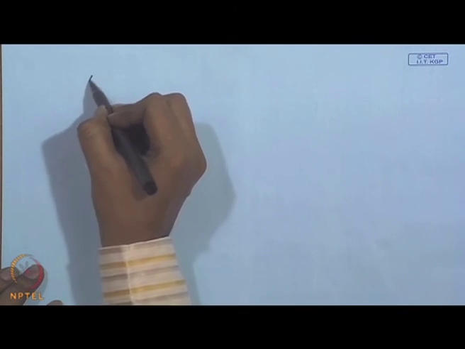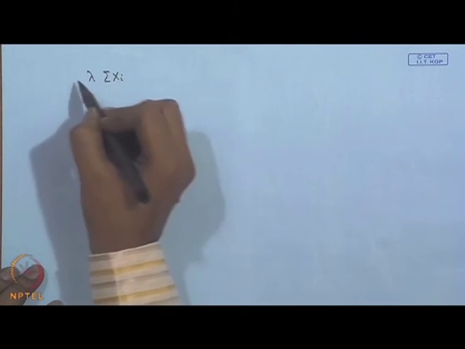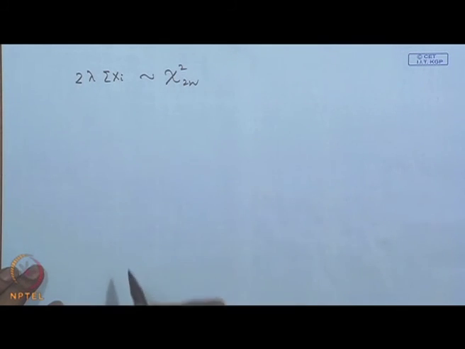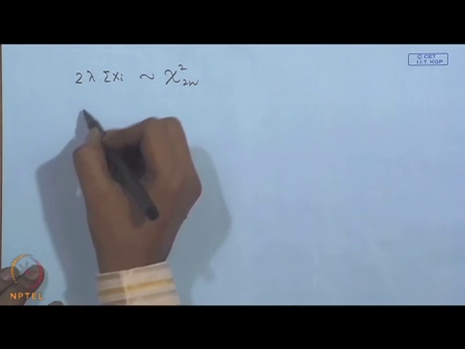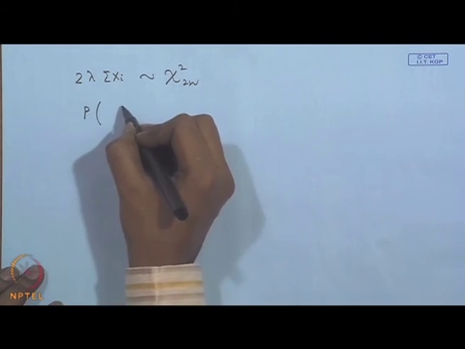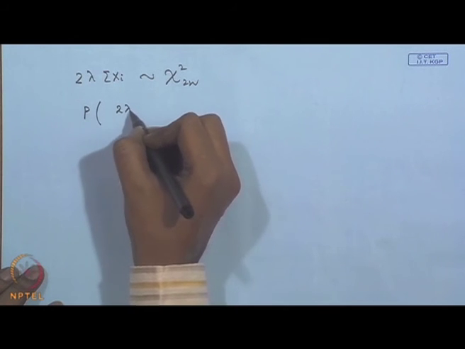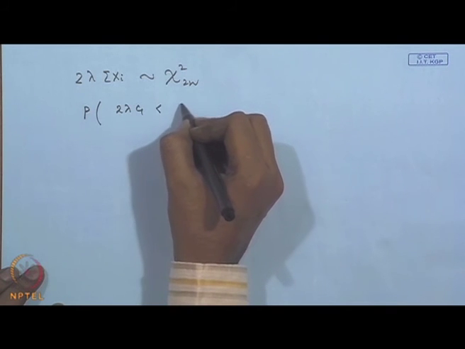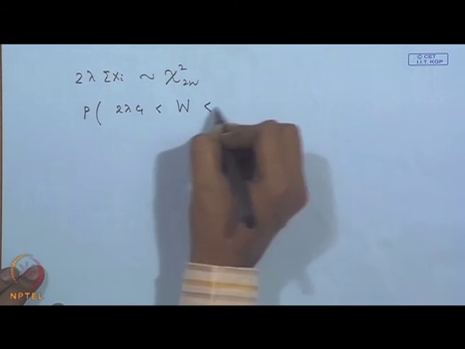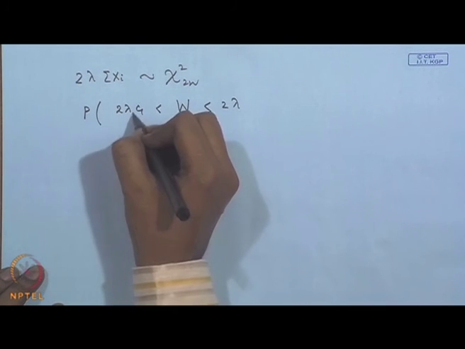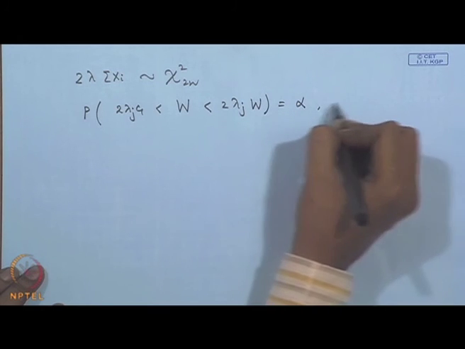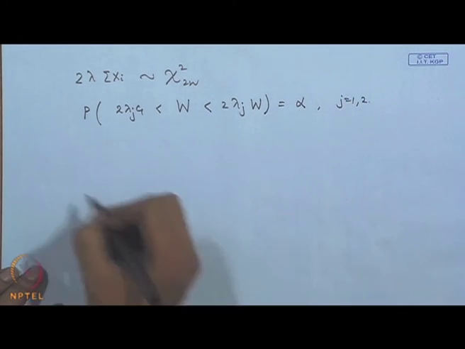Now, we can see that lambda times sigma x_i, and if I take 2 times that, it will have chi-square distribution on 2n degrees of freedom. So, we can write down these conditions: probability of twice lambda_j C1 less than W less than twice lambda_j C2 is equal to alpha for j is equal to 1, 2.